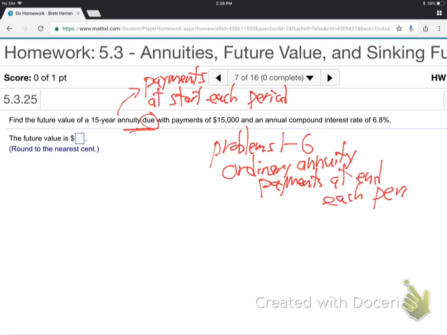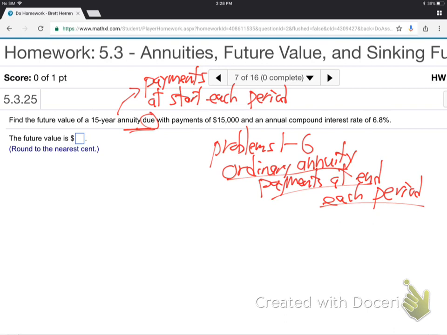In an ordinary annuity, you make the payments at the end of each period. That'd be like saying, I'm going to save up for retirement by putting $1,000 in the bank at the end of every year. That wouldn't go very far, huh? But anyway, that would be an ordinary annuity, at the end of every period.